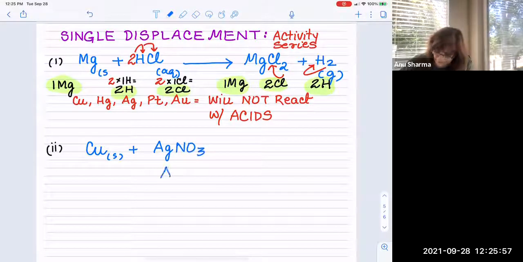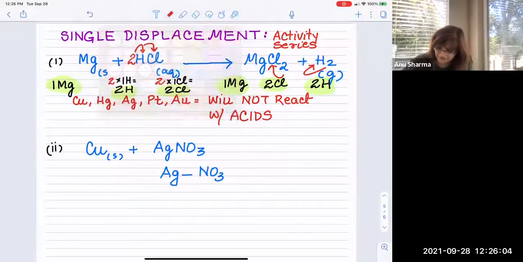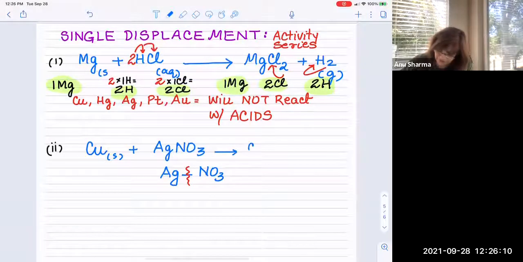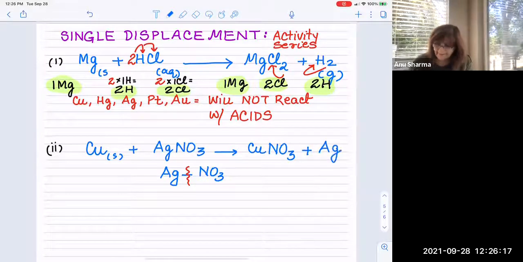Copper breaks the bond between silver and the nitrate ions. The nitrate ion is one entity, one species by itself. So this gives you copper nitrate, Cu(NO3), and silver. It releases the silver and combines when it breaks the bond.